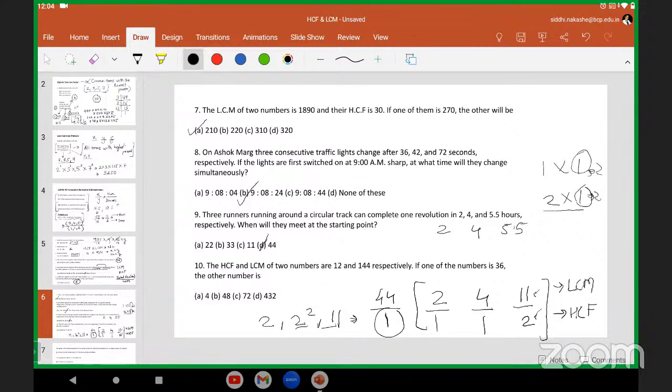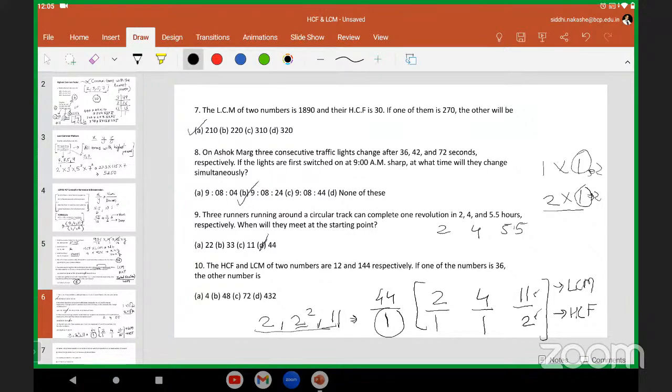जिसको नहीं समझा मुझे फिर से एक बार chat में लिख दो, मैं फिर से explain करता हूँ. Everyone please answer. सौरभ, हेलो कस्तूरी. हाँ सर, 2 और 2 race to 2 है ना, तो दोनों में से एक बार ही 2 लेंगे ना. देखो, अभी हम लोग ऊपर LCM find out कर रहे हैं ना. तो एक 2 है एक 4 है ना, तो दोनों में से एक बार ही लेंगे.